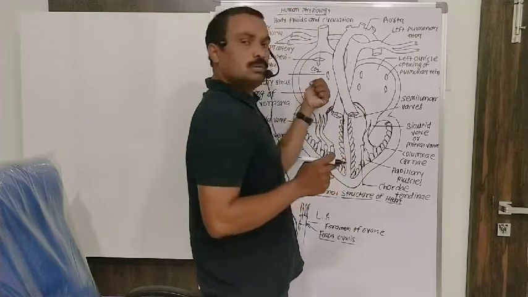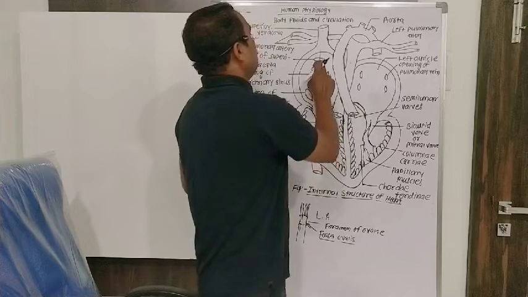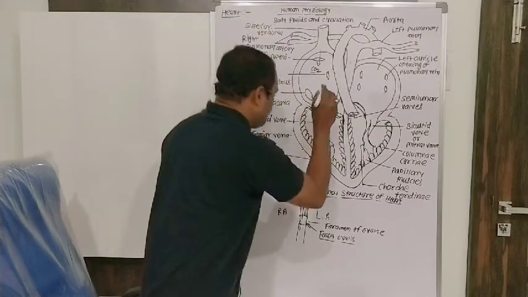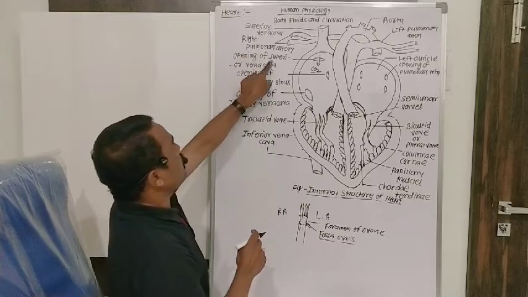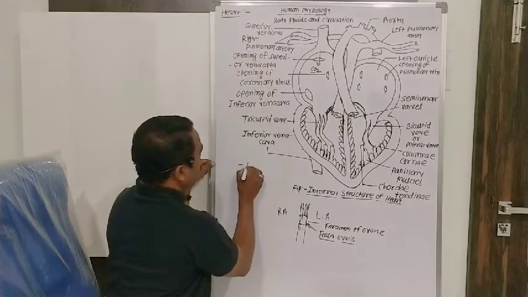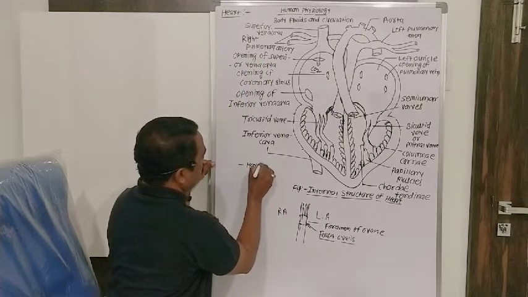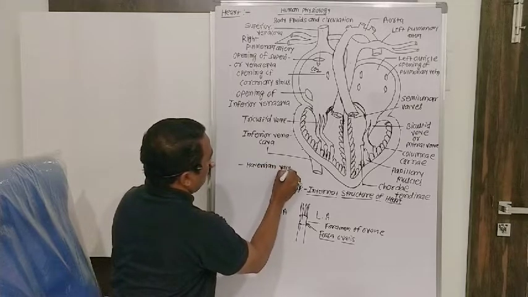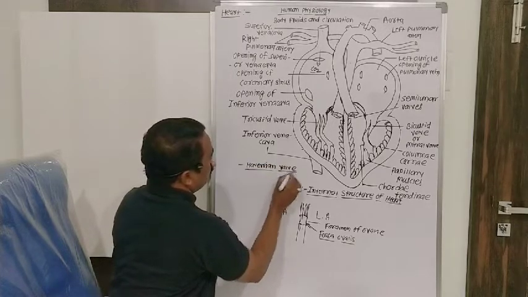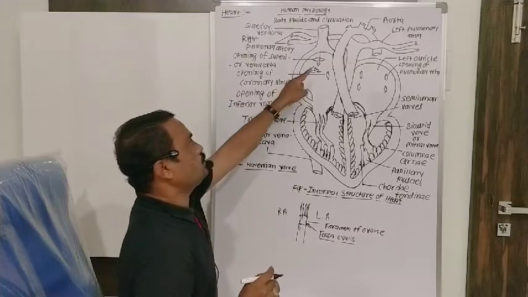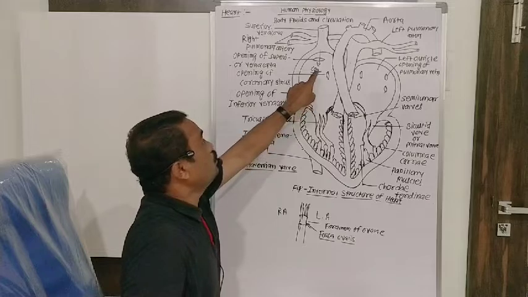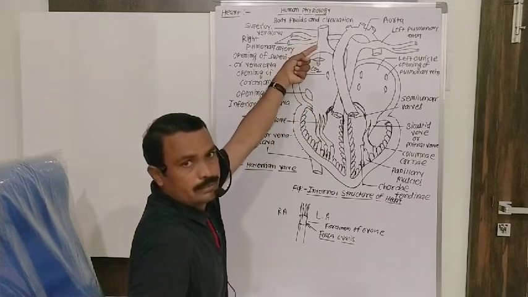This opening is guarded by special types of valves, called Eustachian valves? The opening of the superior vena cava is guarded by Haversian valves. Haversian valves prevent the backward flow of blood from the right auricle to the superior vena cava.